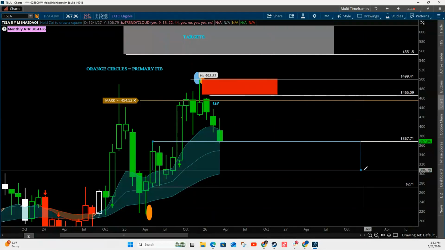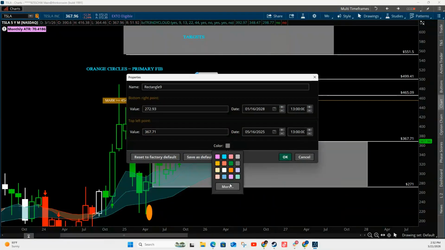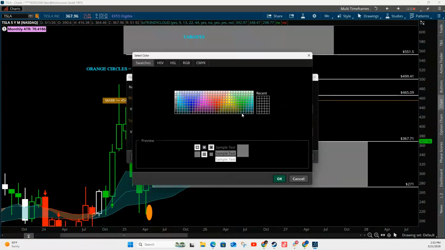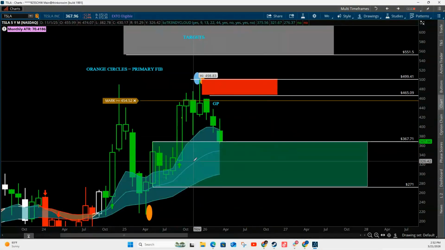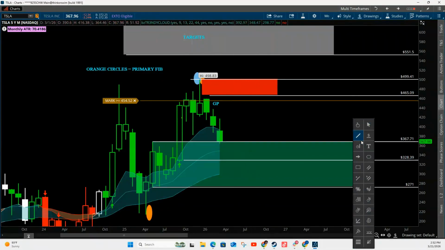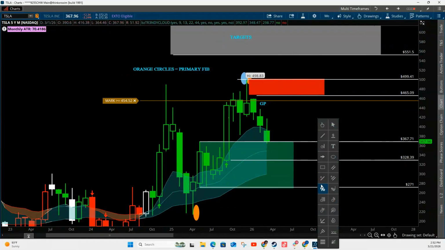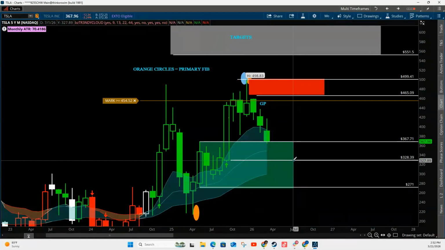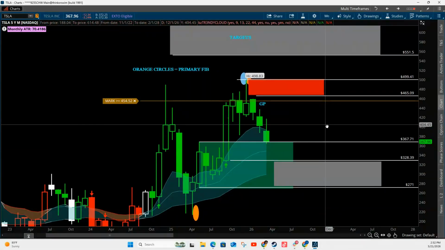We're going to do two different zones here. Boom. We're just going to make this one super dark green. Or wait, that's not really green either. Goodness gracious. Let's go with that one. And then we are going to go with just like that.